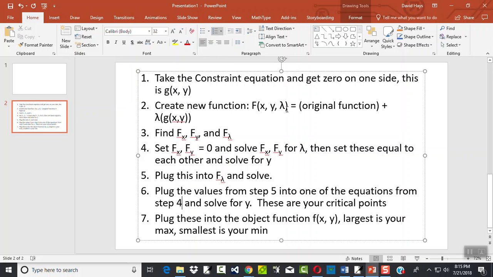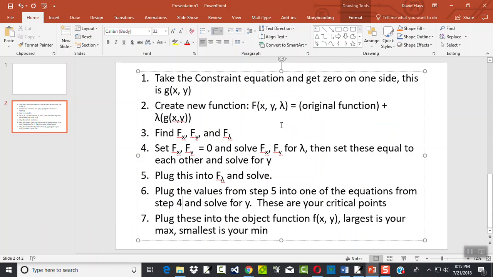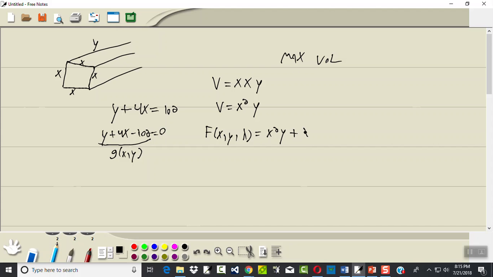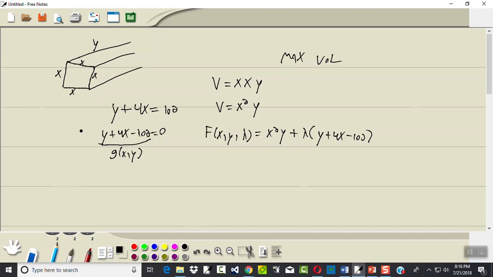F of x, y, lambda equals the original function, which was x squared y, plus lambda times g of x, y. So plus lambda times the function we found right here. So y plus 4x minus 102. This is step 1. This is step 2.